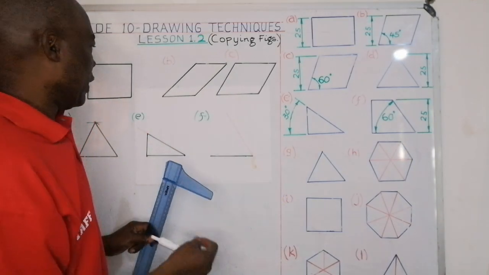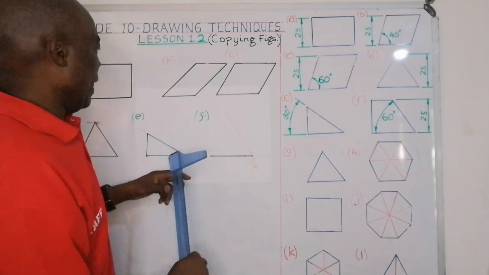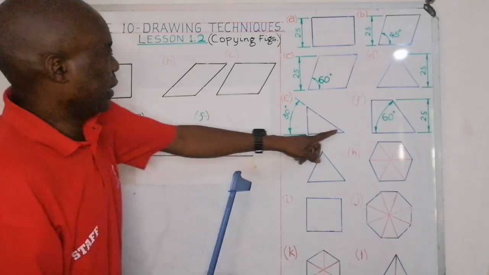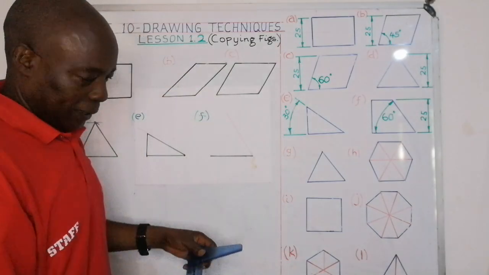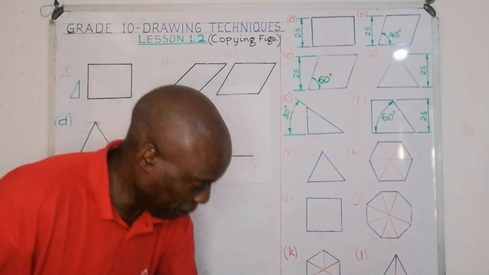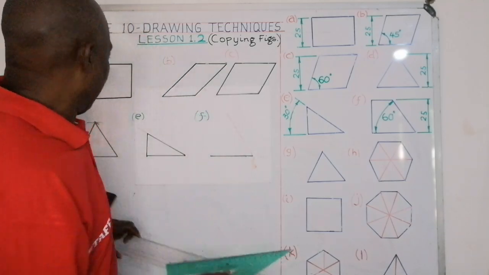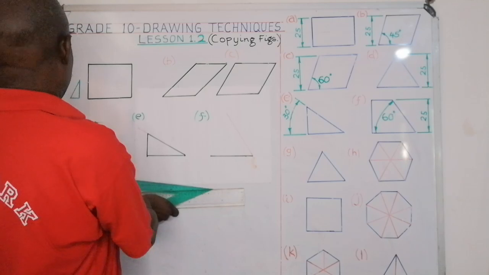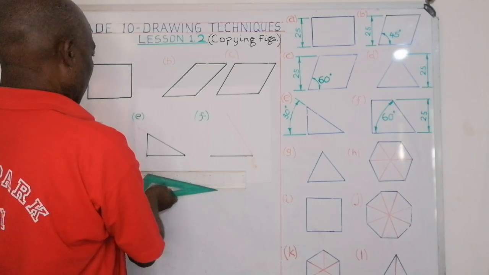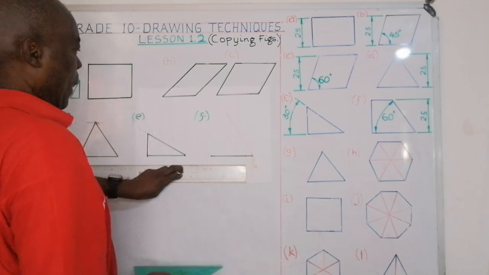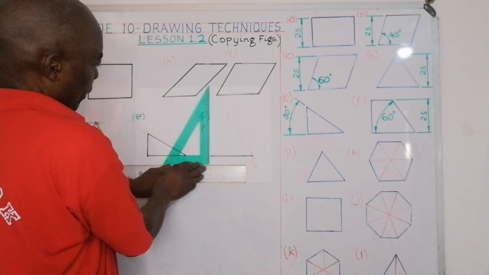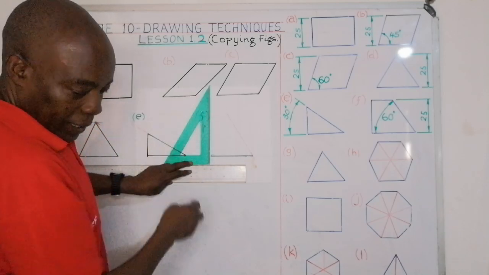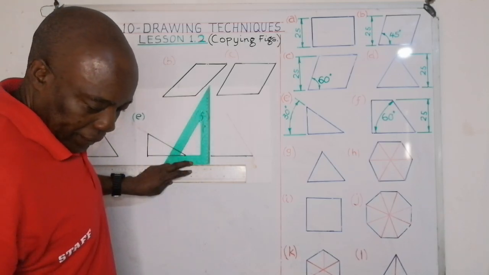And then I'm going to consider now a vertical line from here, which is that angle 90 degrees. So from here, you draw a line at 90 degrees.